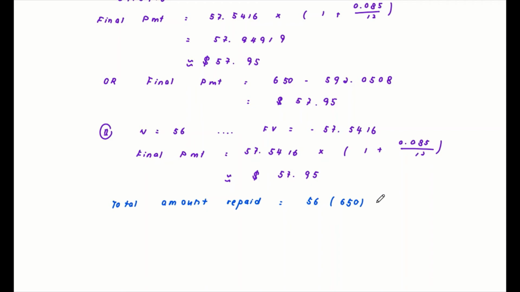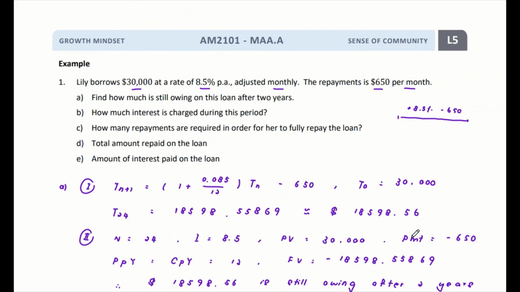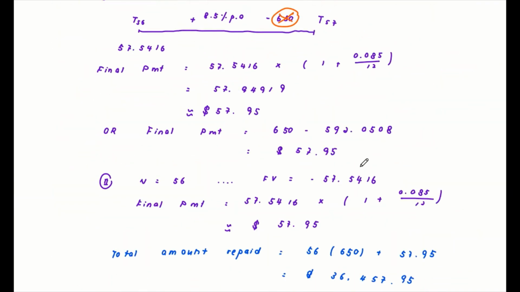Then after that, for the last one, we pay 57.95. By adding them together, I'll be able to get 56 times the regular repayment, plus 57.95. All right, so I'll be able to get a total value of 36457.95.